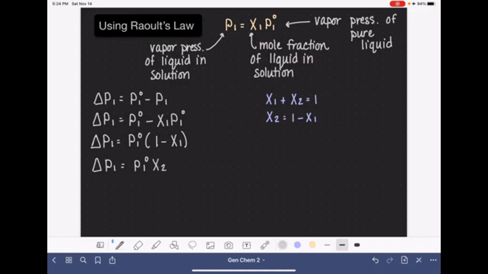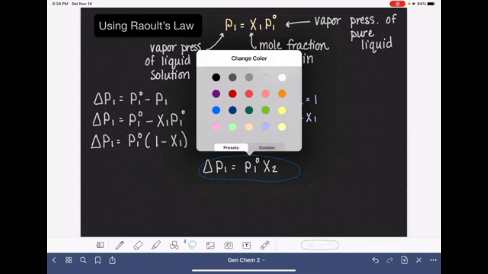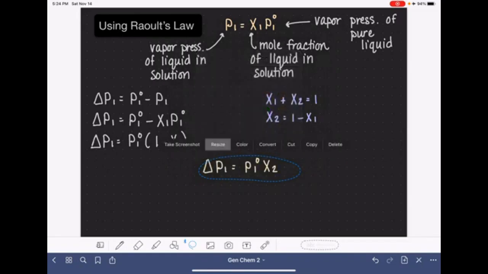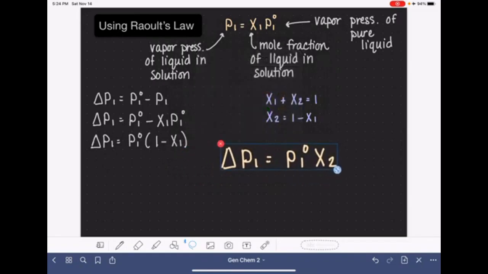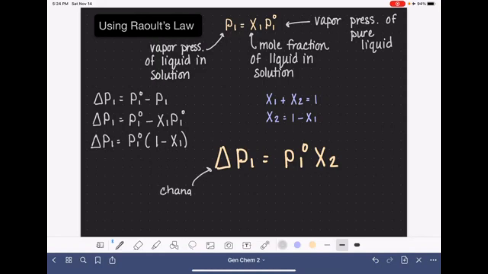And this is actually a much more useful form of Raoult's law. So I'm going to move it and make it a different color, because this is typically the form of Raoult's law that we use when we're doing these types of calculations. Let's take a look at each one of these terms. This delta P1 is the change, or specifically the lowering, of the vapor pressure of our solvent.